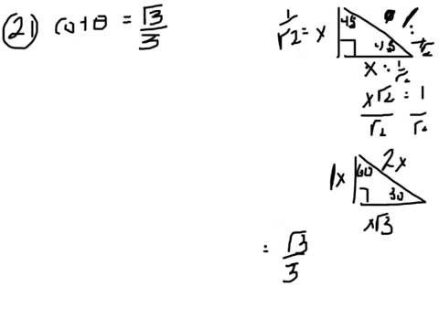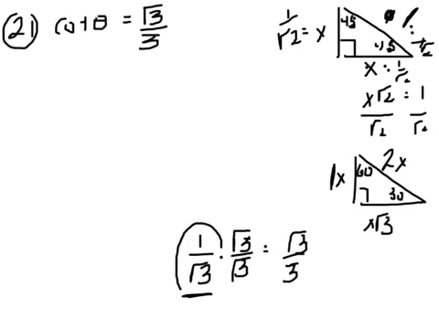Because what they probably did was rationalize something. If you had 1 times square root of 3, you'd have square root of 3 on top. And you would have had to have another square root of 3 times square root of 3 to get 3 here. So it looks like this value started off being 1 over square root of 3.